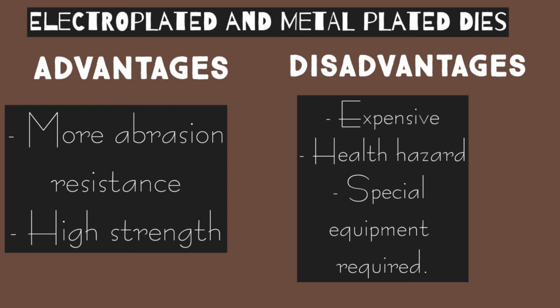In advantages, they are more abrasion resistant and they have high strength. In disadvantages, they are expensive as they are metals and they have health hazards. They are toxic and injurious to our health, and these kinds of dies also require special equipment.